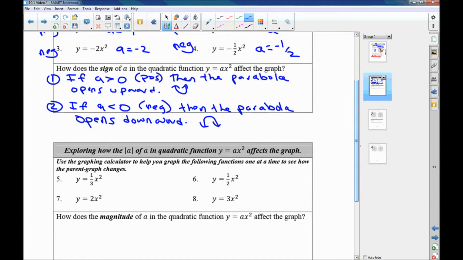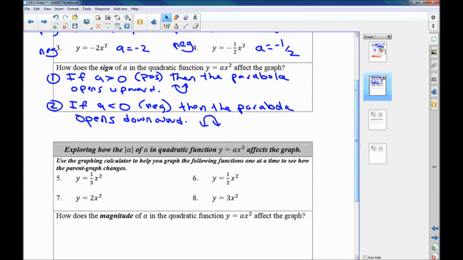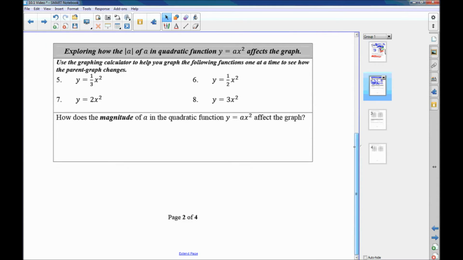So in this next section, what we want to do is find out what the absolute value of a does. So if a was 2 or negative 2 or negative 3, we don't want to know whether it flips up and down, but how the graph changes besides the flip up and down. So in number 5, the absolute value of a is 1/3. We want to see what does 1/3 do to our graph.